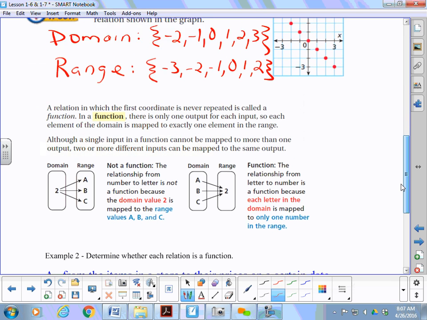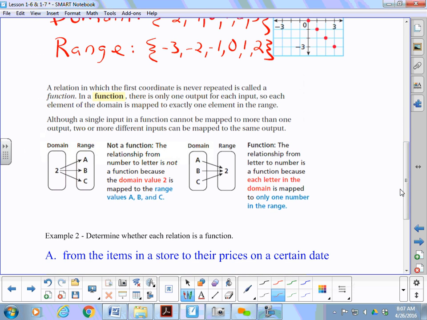A function is when there is only one output for each input. Or for every value of x, there can only be one value for y. This setup over here on the left is not a function, because the input 2 has more than one output.